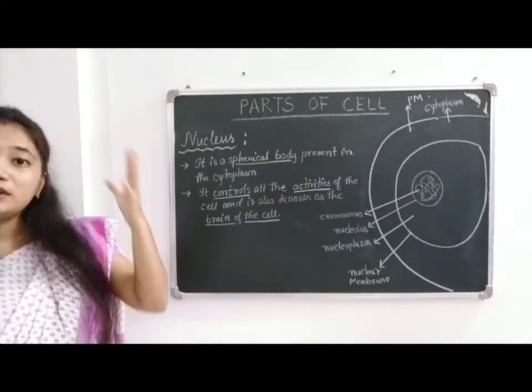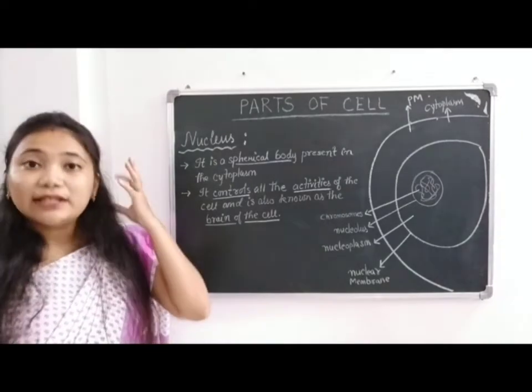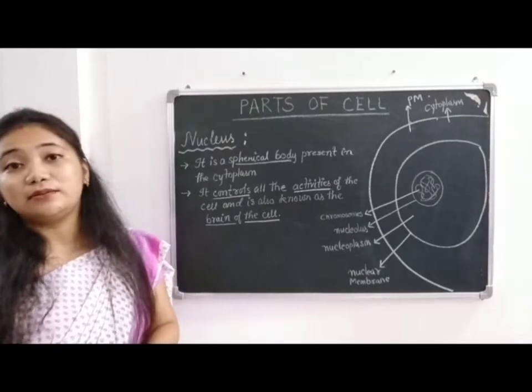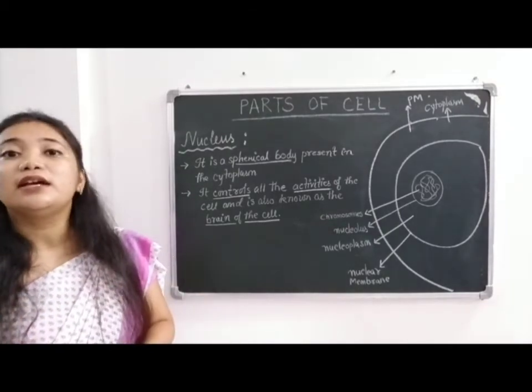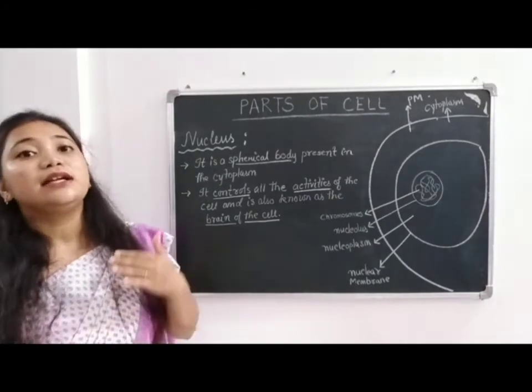Why brain? Because in our case, whatever we do, the brain is controlling it. Our brain helps us to think, it helps us to process the things outside, and then ultimately we take decisions or we do whatever is needed.